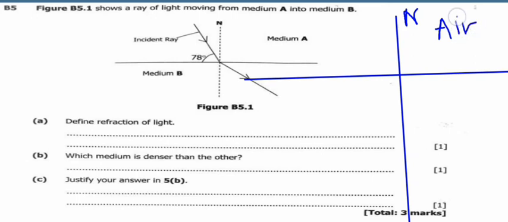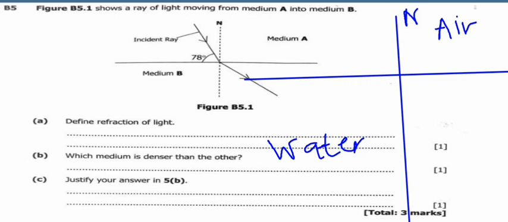Then down here we have water. So in terms of density, water is denser than air. So air is less dense than water in terms of the arrangement of particles, if you can just apply that one.